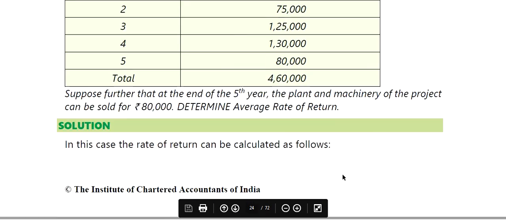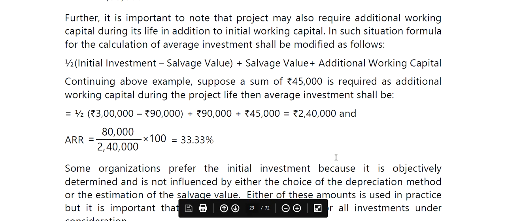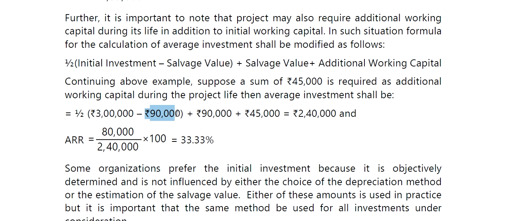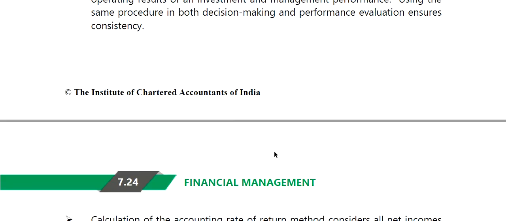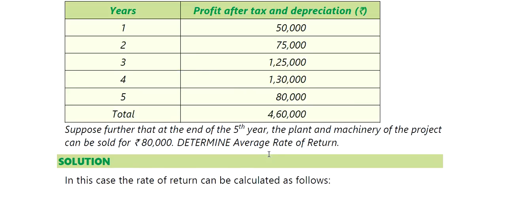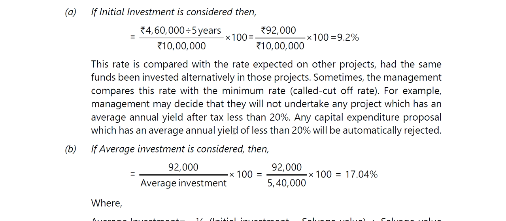Similarly we did in the first illustration: half of the investment plus the salvage value, plus additional working capital if there is any. So that is how ARR is calculated.